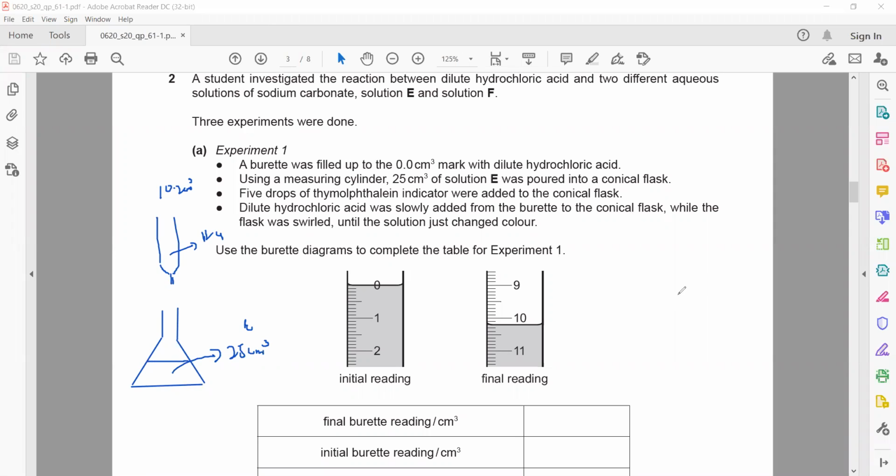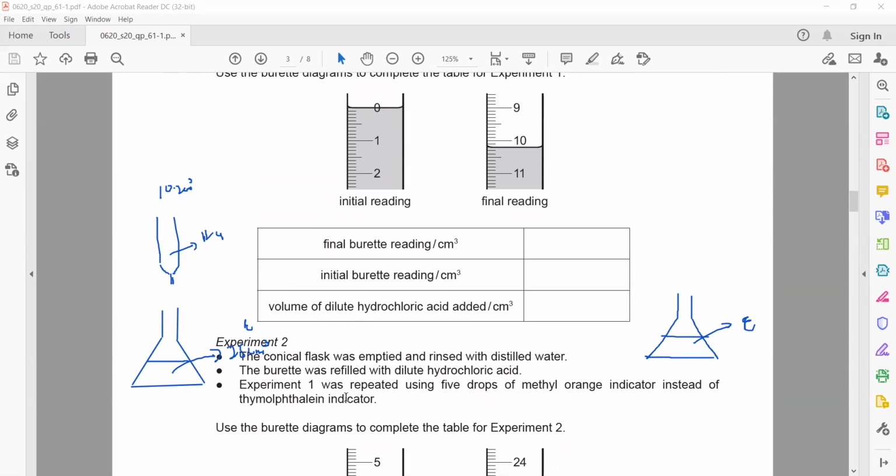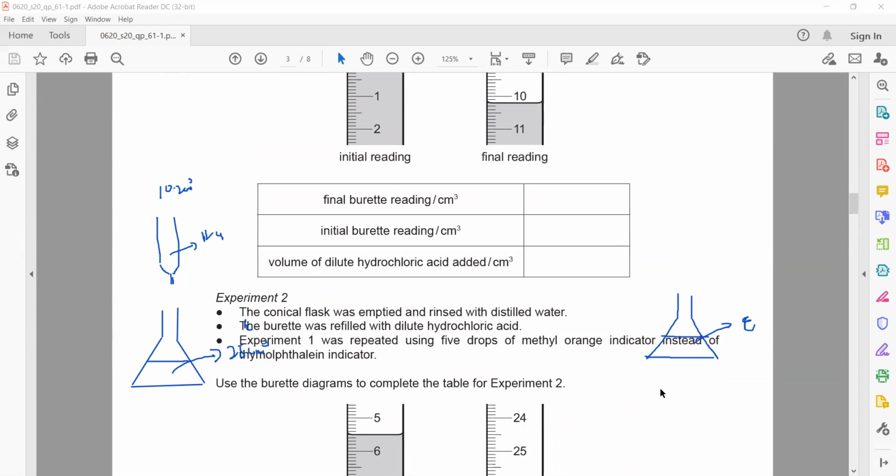When the same experiment is repeated using 25 cm³ of E but a different indicator, as you can see in the question, experiment 1 was repeated with 5 drops of methyl orange instead of thymolphthalein indicator.